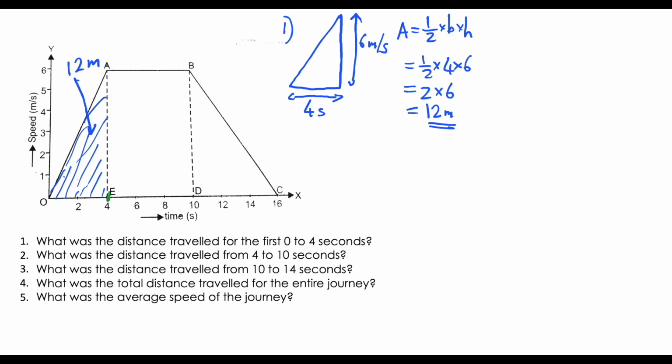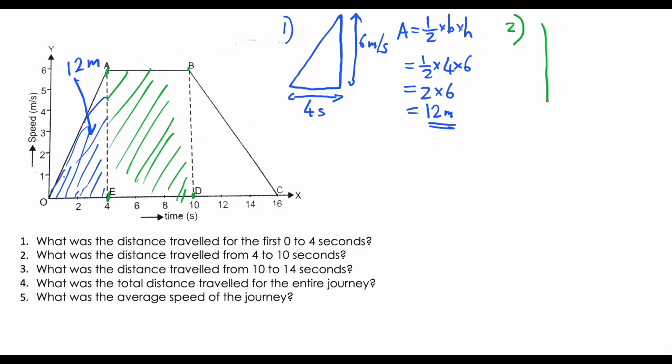Now the next one, it says what was the distance traveled from 4 to 10 seconds? What do we have here from 4 to 10 seconds? We have here a rectangle. From 4 to 10 seconds, the max height was 6 meters per second. So from here to here is 6 meters per second.